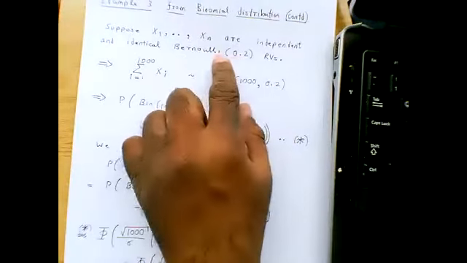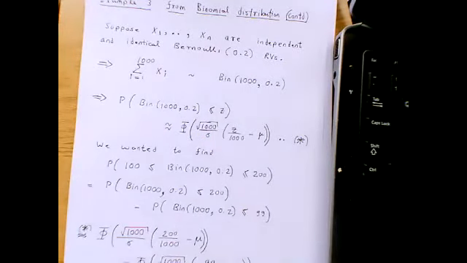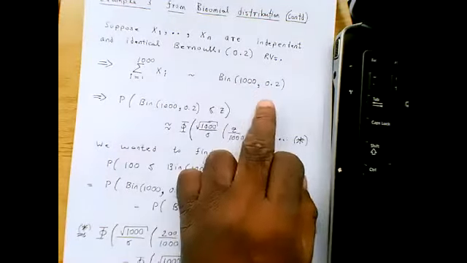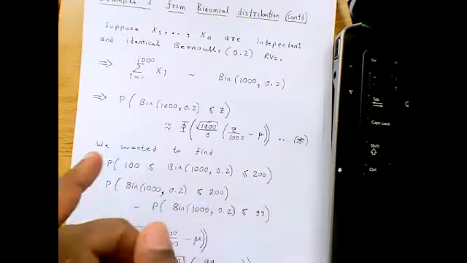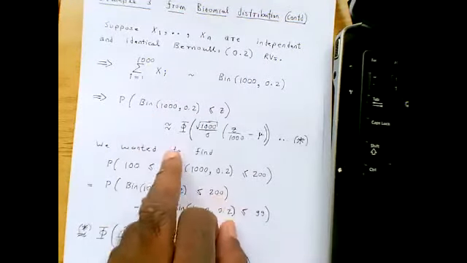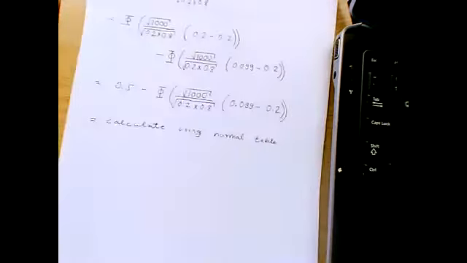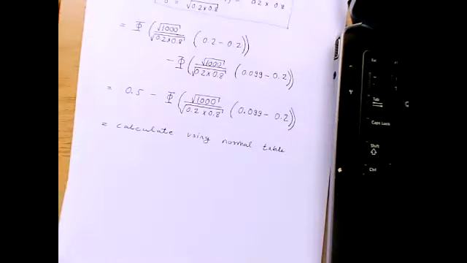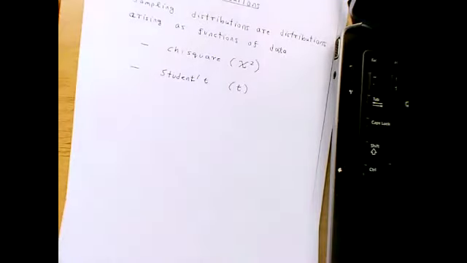So if these are from Bernoulli 0.2, then the sum of IID is binomial with these parameters. So you can use the previous result, which I mentioned a minute ago, to compute this probability, which becomes this, right? And it turns out to be equal to something like this. I hope you followed this example. If you did not, just please go through it, and if you have problems, just let me know.